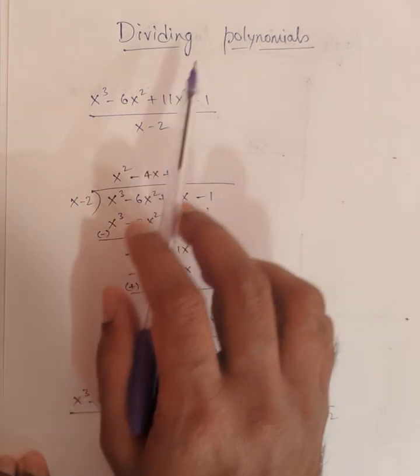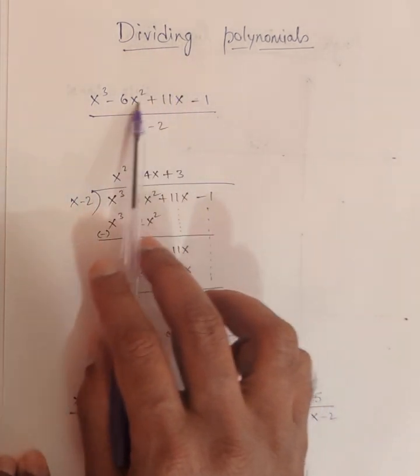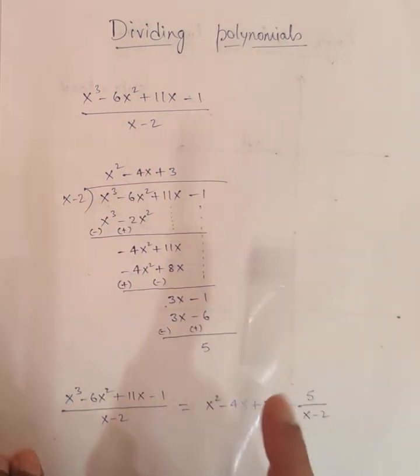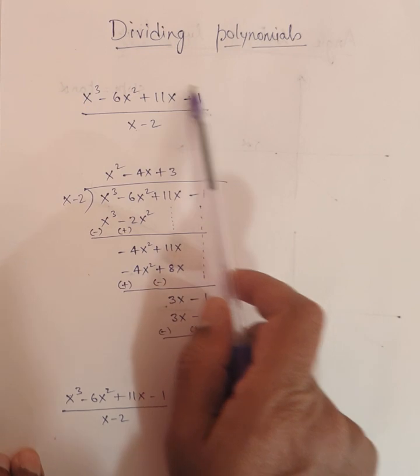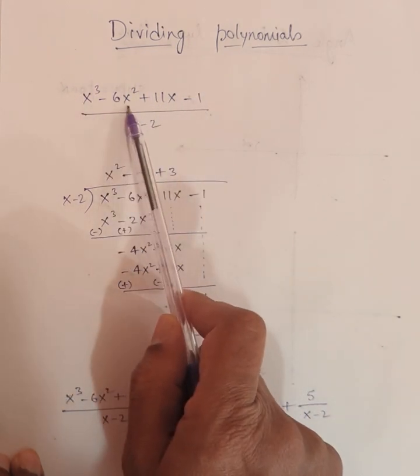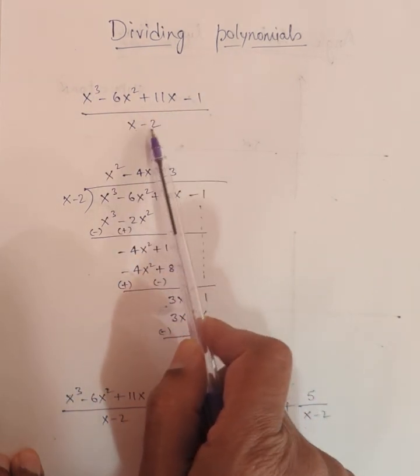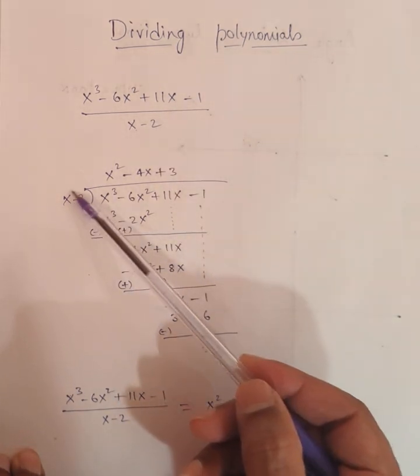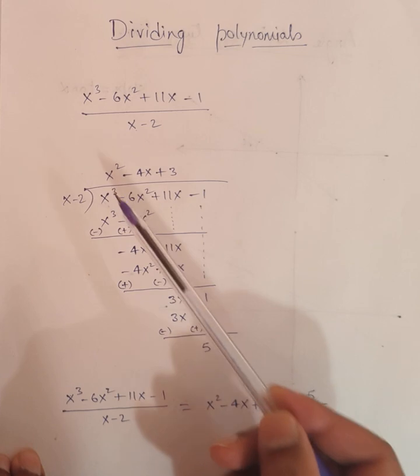In an earlier video, we talked about dividing polynomials using long division, and this is what we did. If you have a polynomial like x cubed minus 6x squared plus 11x minus 1 divided by x minus 2, we wrote x minus 2, the divisor, on the left.